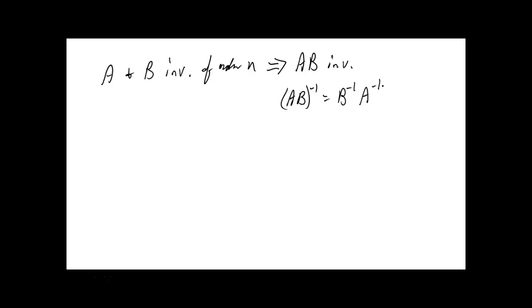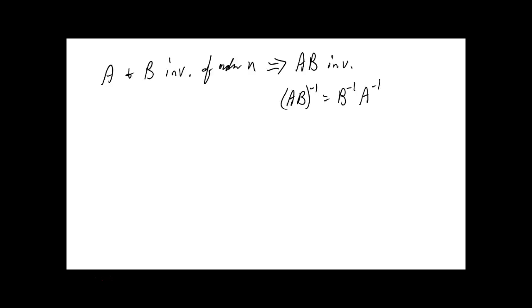Okay? Now I kept saying we've seen that before, and I realized, no, we haven't. We did it with transposes. The transpose of a product is the product of the transposes, but in opposite order. Same thing holds for inverses. The inverse of a product is the product of the inverses, but in the reverse order. Okay?